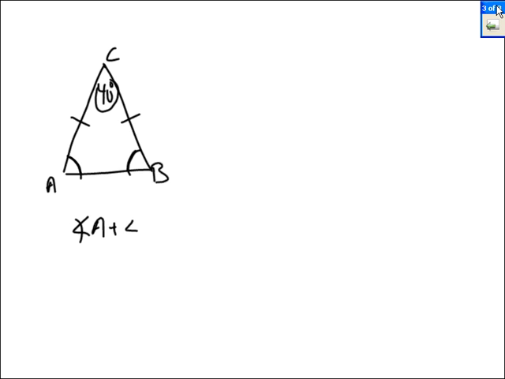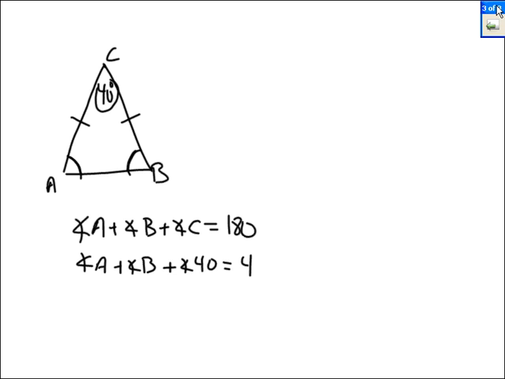Angle A plus angle B plus angle C is 180. But we know that angle C is 40 degrees. So, whatever this is, when you add 40 degrees, you get 180, and that answer is 140. 140 plus 40 is 180.